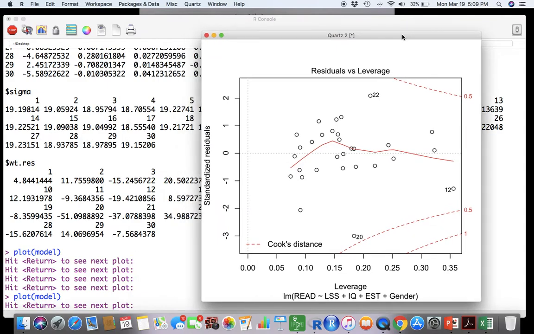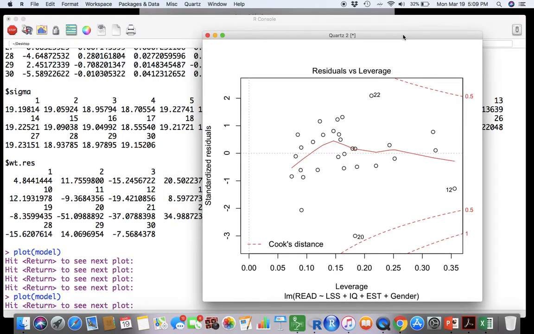Okay, so anyway, the first plot that we have is the residual versus leverage. What I look at there is something called Cook's distance, and you can see that the Cook's distance is denoted by the red dashed line, and it gives you the cutoffs at 0.5.